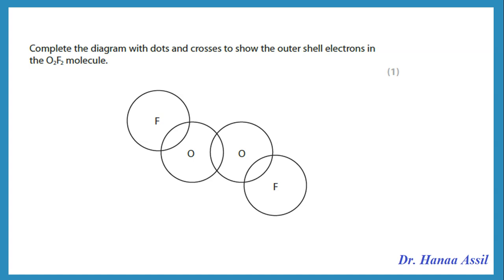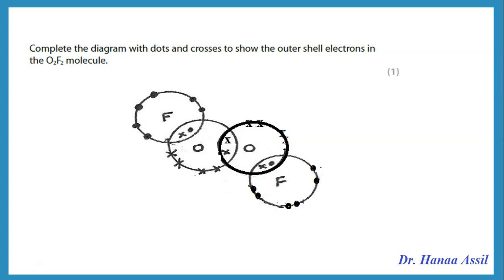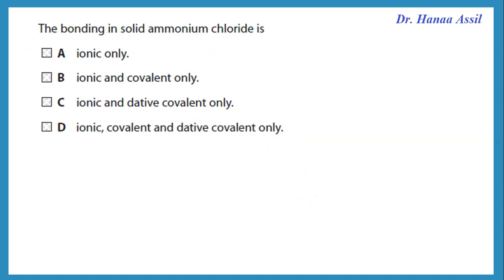Also, the oxygen needs 2, so each oxygen will take 1 from the fluorine and 1 from the neighboring oxygen. So this should be the dot and cross that you would draw for the O2, F2. A pair of electrons being shared between each of the 2 atoms. And remember the rest of the electrons that are around that were not used in sharing.